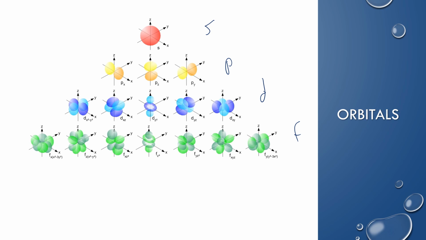D becomes even stranger. They have these flower shapes, and this one, which I call a dumbbell donut. I don't know that anybody else calls it a dumbbell donut, but it's just a strange shape.